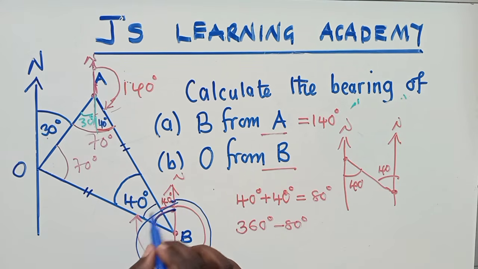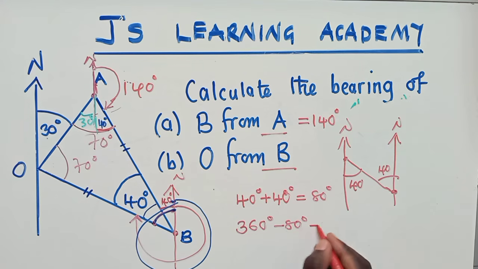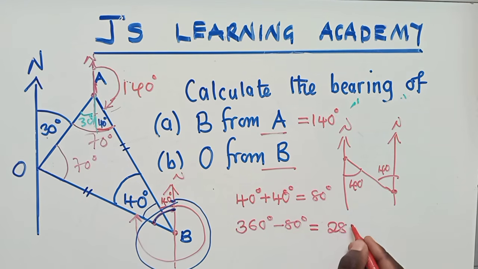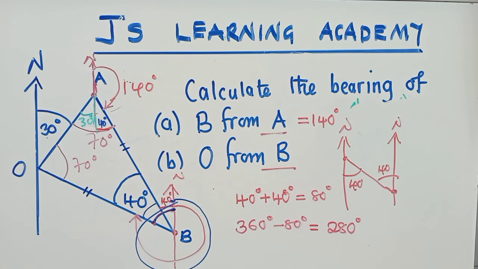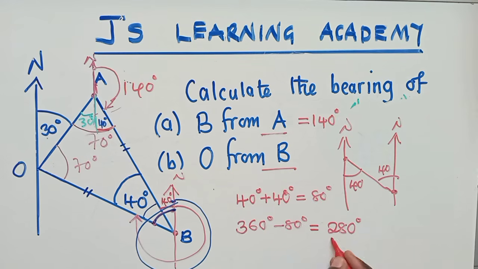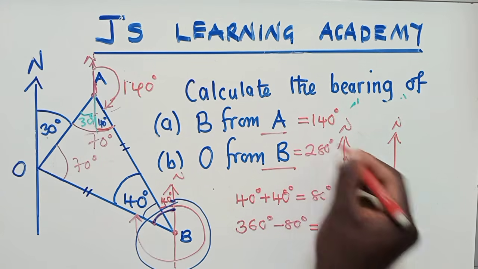This 40 plus the 40, which is right here, gave us 80. So we can subtract it from 360. So when we say 360 minus 80, we will definitely get 280. So our solution here will be 280. The answer for B is 280 degrees.